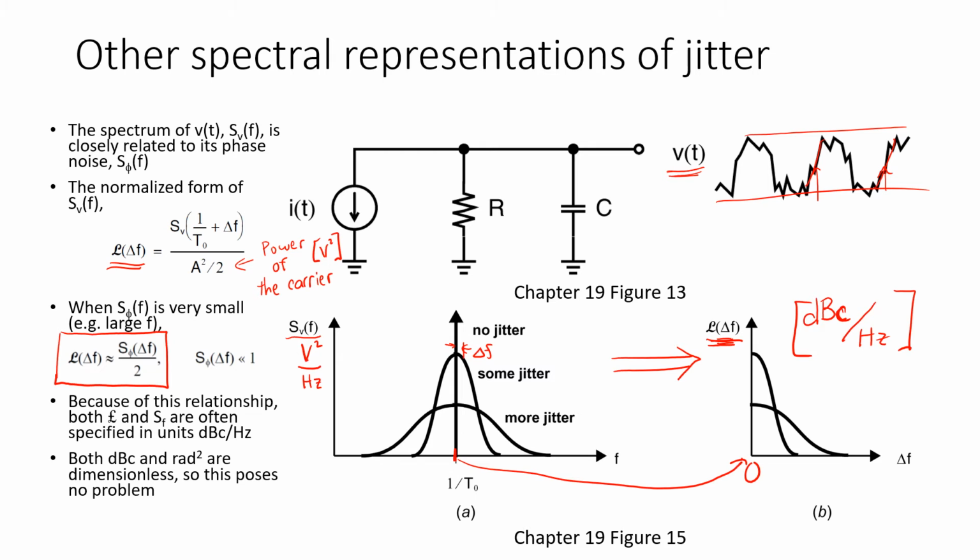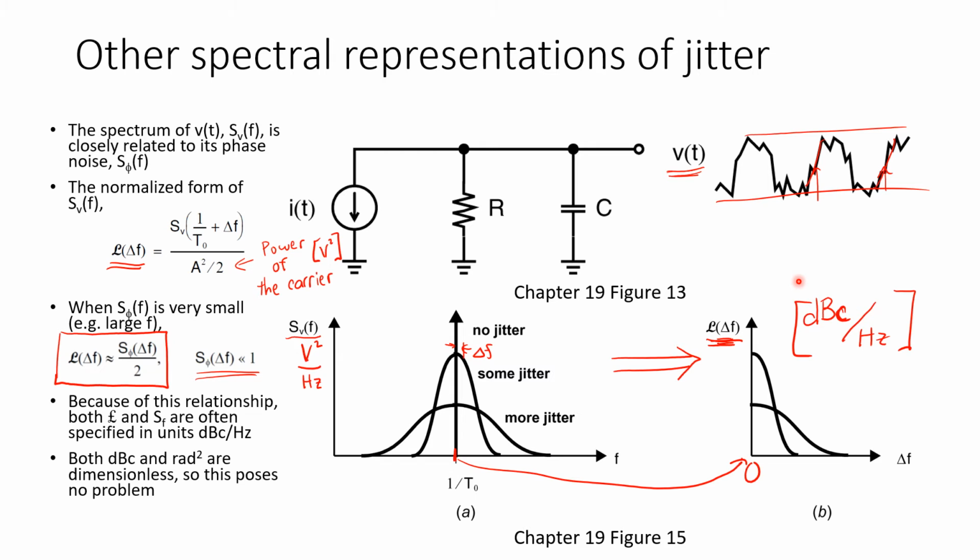So this equivalence is quite accurate so long as the phase noise is very small. Unfortunately, because of this relationship, it can lead to some confusion. We very often use units of dBc per hertz in reference to phase noise, whereas we've already said that phase noise really has units of radians squared per hertz. Using these units here can be more confusing because it's not evident how integrating something with units of dBc per hertz gives us something with units of radians squared.